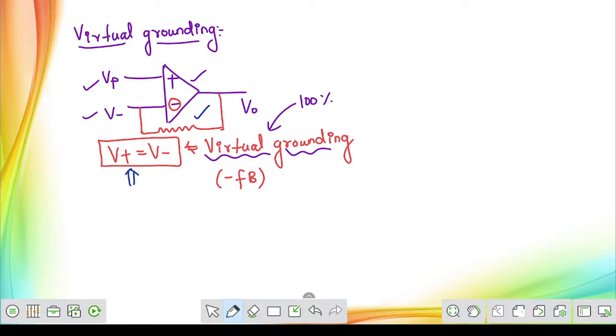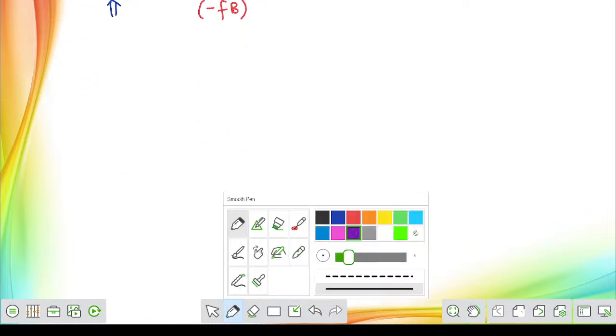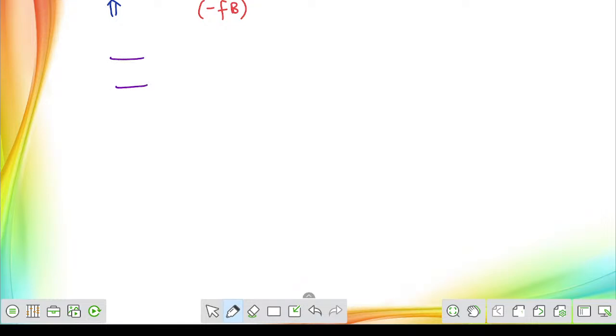Okay, based on this, let me design. Let us recollect the concept of inverting and non-inverting terminal operational amplifiers. Suppose an operational amplifier is given with negative feedback.